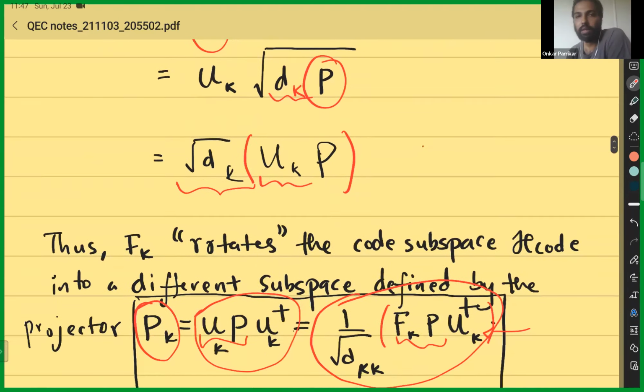You can do a very simple computation, which I think we did at the end of your last lecture, where you compute P_L times P_K, the overlap between two of these image subspaces, and using this equation you find that they are all orthogonal. In particular, P_L times P_K is 0. This again is one of the main contents of the Knill-Laflamme condition. So this is where we stopped last time.